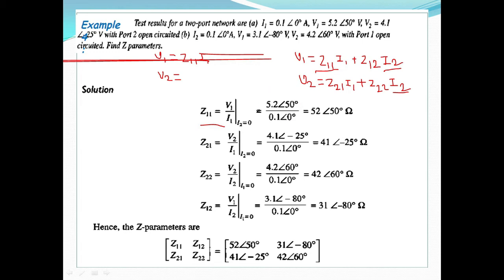For this type, there are polar and rectangular forms. Here it is in polar form, where there is a magnitude and an angle.